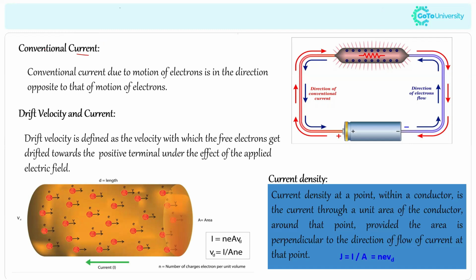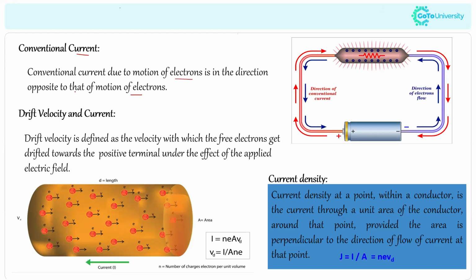Usually the current direction is denoted using the direction of motion of electron. But conventional current is just opposite. It is represented opposite to the motion of electron. So that's called conventional current.